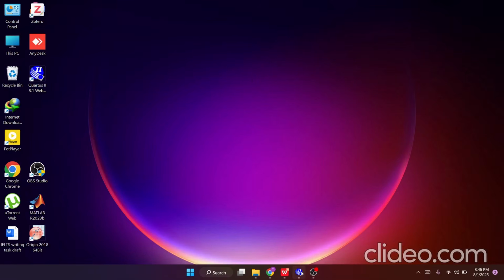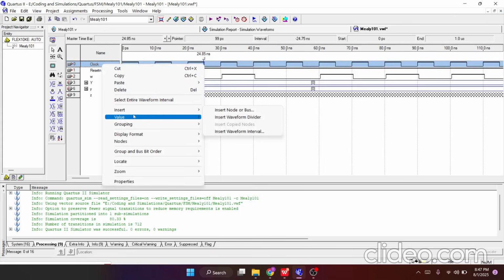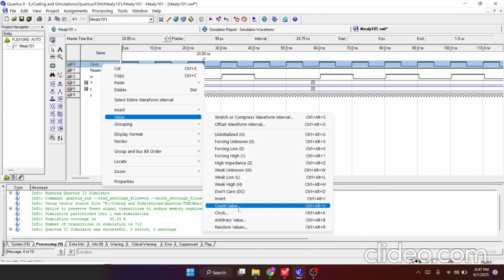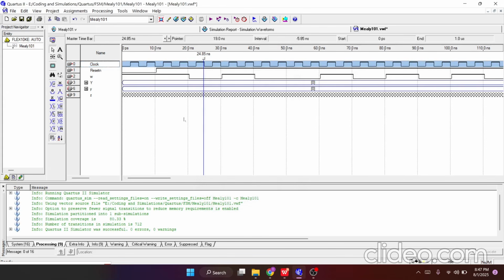Well, regarding the problem that I was facing before while showing this Mealy type problem, if you want to use this clock for 5 nanosecond periods, that's also fine, but a problem that you will encounter is that this waveform editing tool only works for one whole grid.